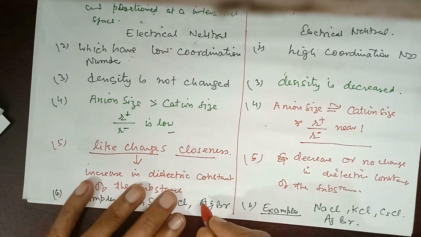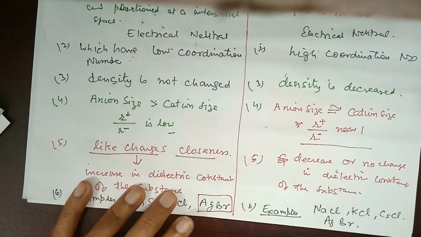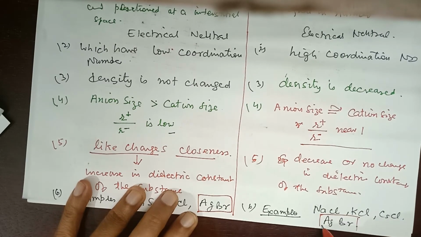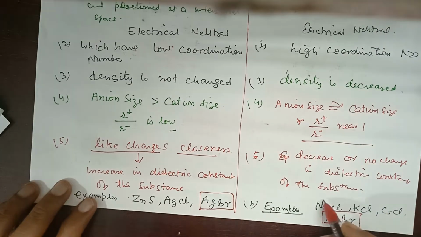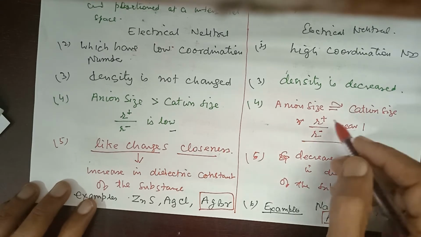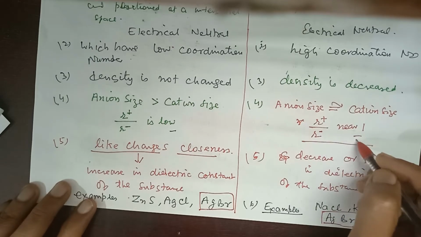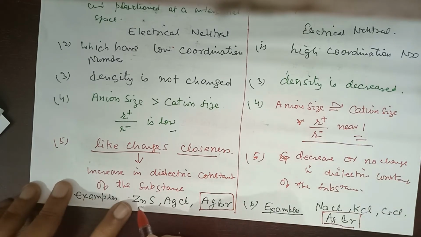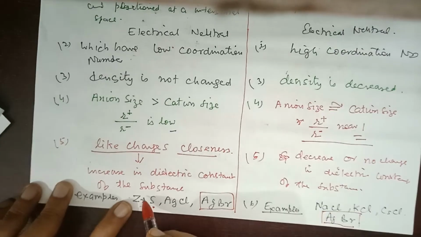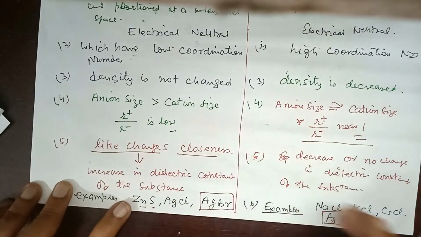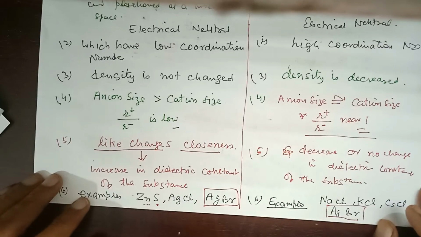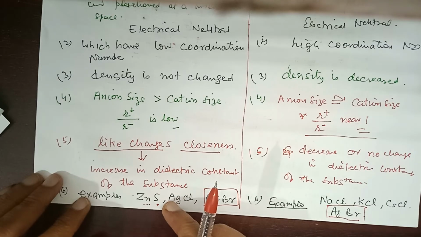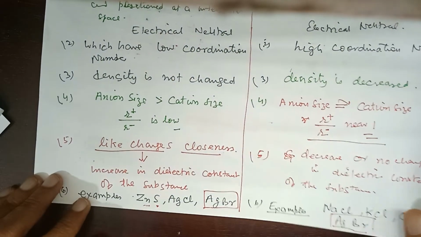You have observed that AgBr, silver bromide, exhibits both Frenkel defect and Schottky defect. Here you see that NaCl ions are of nearly equal size, and their radius ratio is nearly 1. But for Zn and S, the sizes of anion and cation differ by a large amount. So these solids exhibit Frenkel defect.